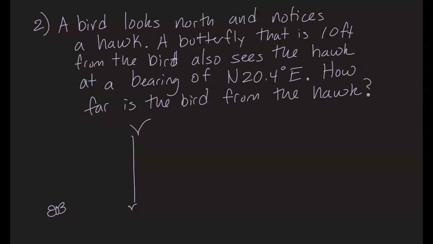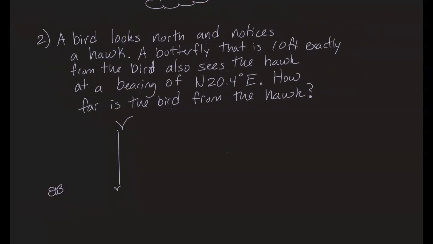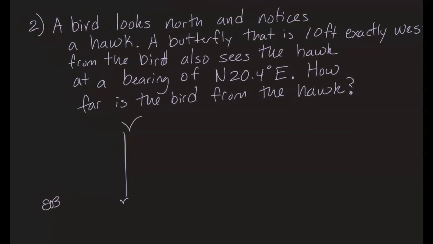This says a butterfly that is 10 feet exactly west from the bird. So we know that this angle is 90 degrees because the butterfly is exactly 10 feet west of our little bird.